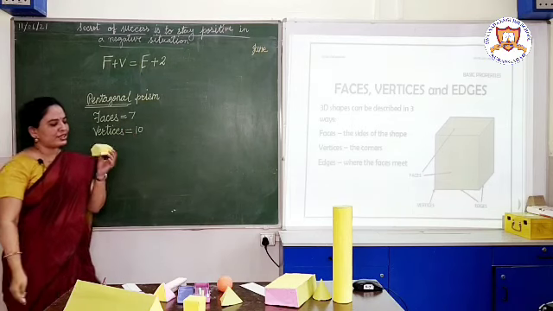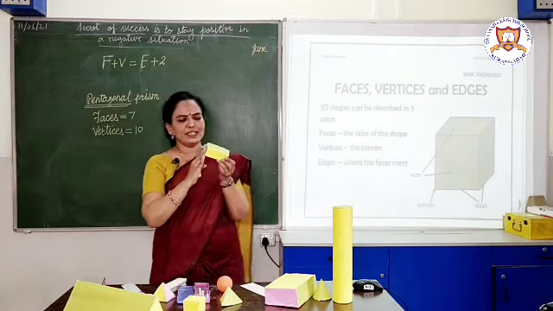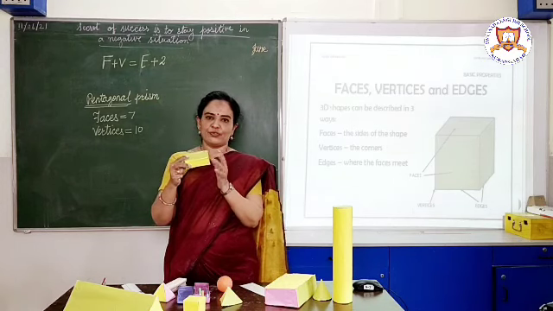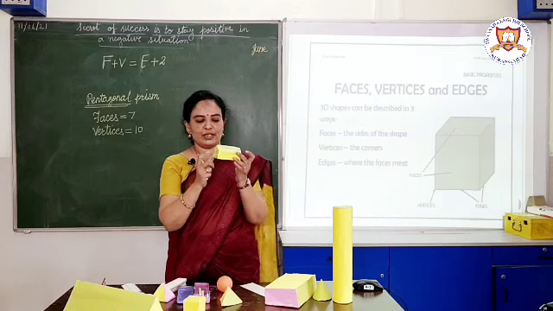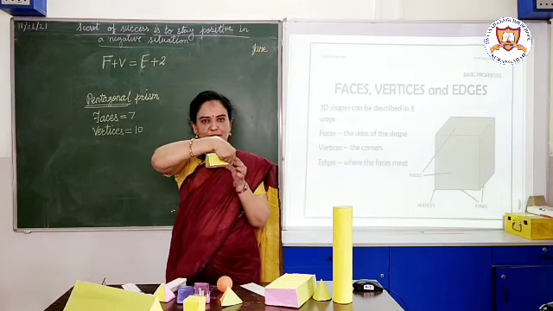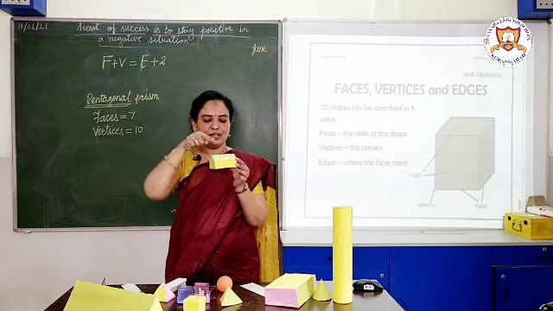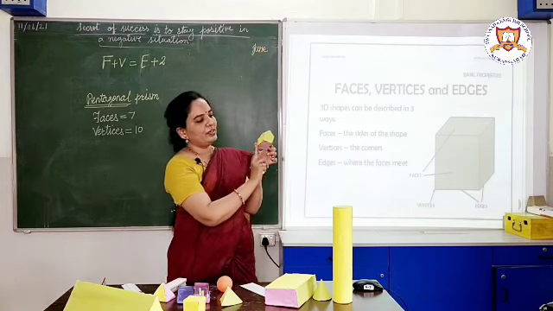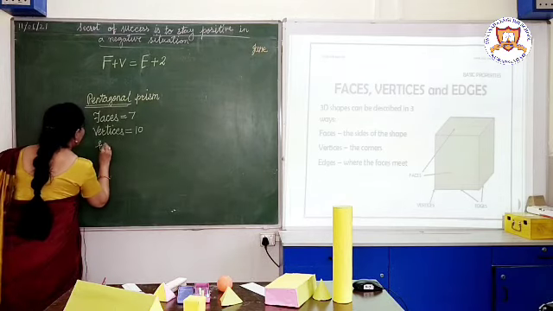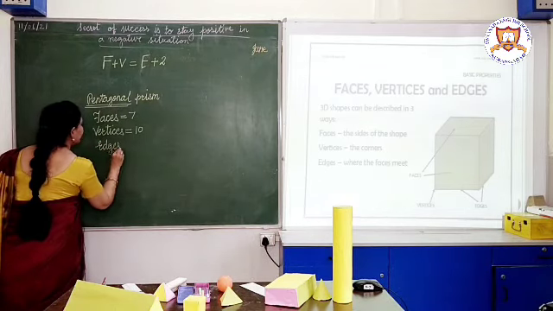Now count the number of edges. This side has 5, this side has 5: 1, 2, 3, 4, 5; 1, 2, 3, 4, 5. So 5 plus 5 is 10. Now start from the downside: 11, 12, 13, 14, 15. So there are 15 edges.